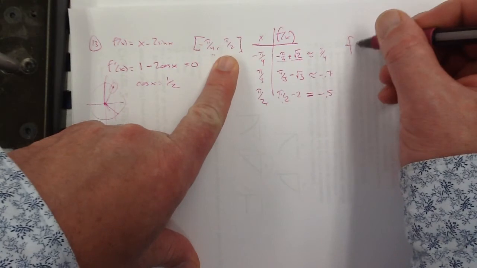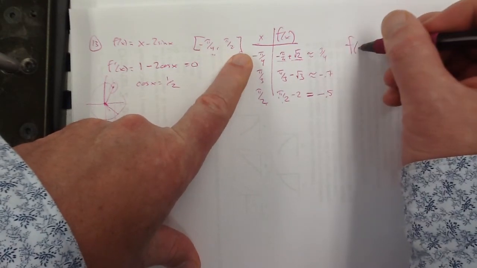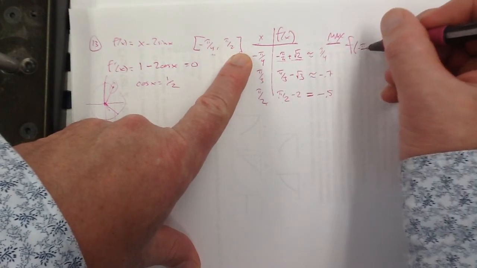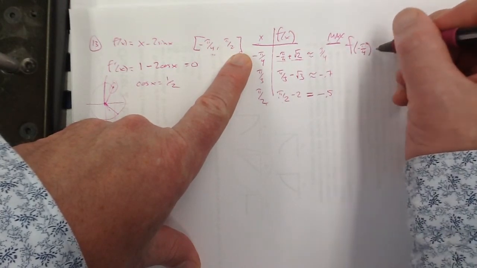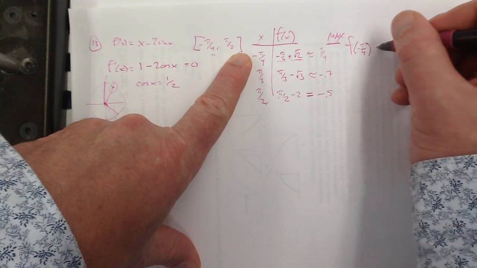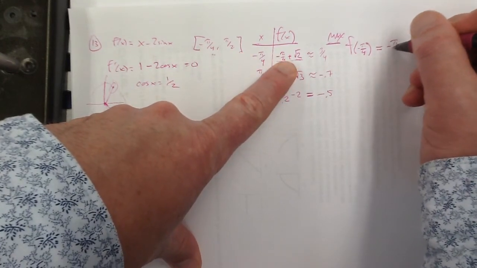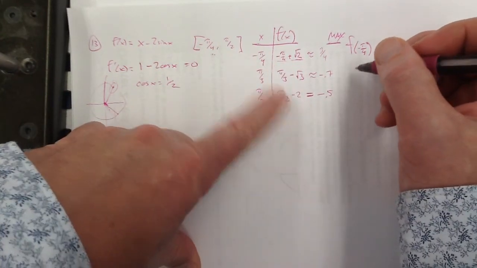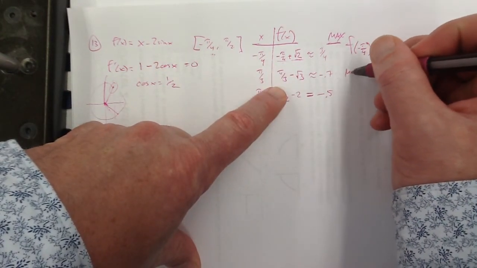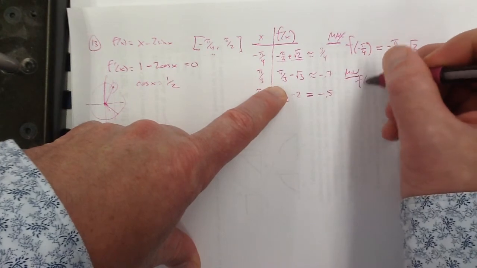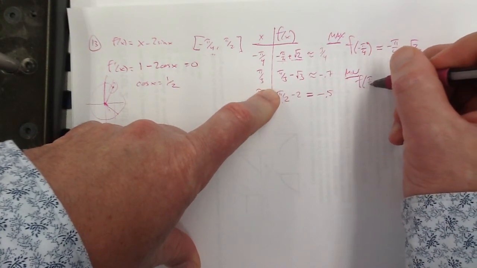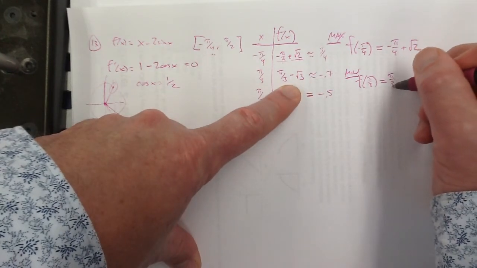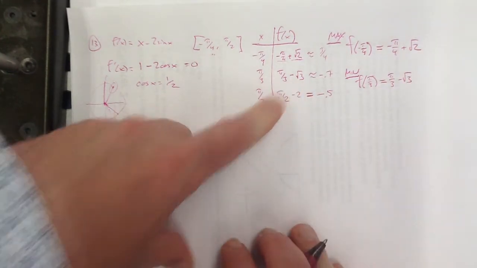So according to that, if I am correct, we have an absolute maximum at f of negative pi over 4, and the maximum value is that, and then my absolute minimum is at f of pi over 3, and that's going to be pi over 3 minus the square root of 3.